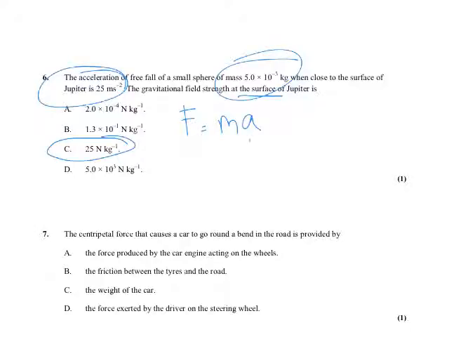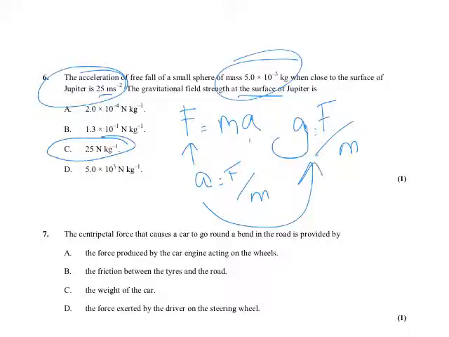The acceleration due to a gravitational force is 25, but by definition, the gravitational field strength is equal to force over mass, which is what acceleration is equal to. So they are equivalent. So that's a trick question that may come up again.